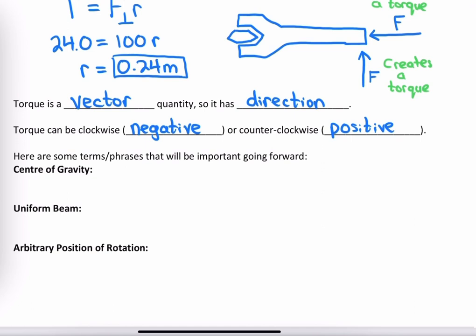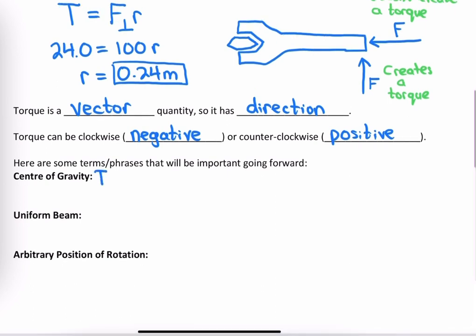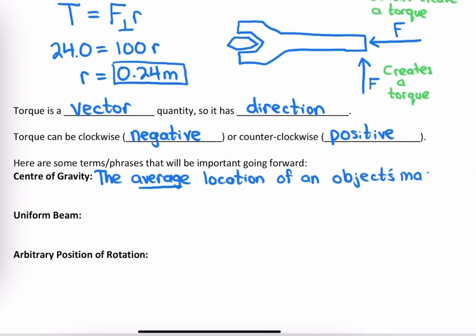So we can think of the center of gravity as the average location of an object's mass, and it's where we draw Fg on that object in a free body diagram.